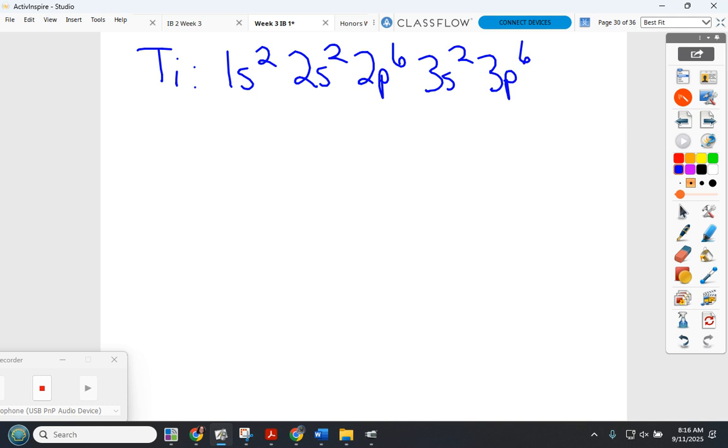But you could also get that just from looking at the table, right? And then we go down to 4s2, and then remember again the d starts at 3, so we're going to finish with 3d2. Okay? Does that make sense as the full? Everyone see where that's coming from?